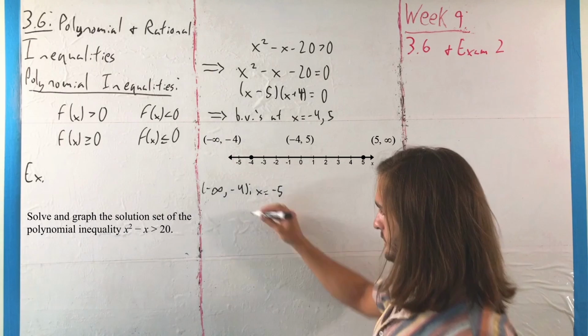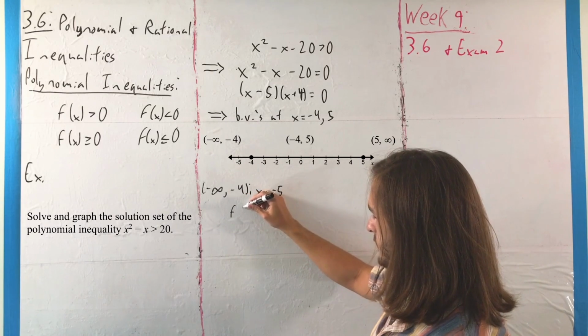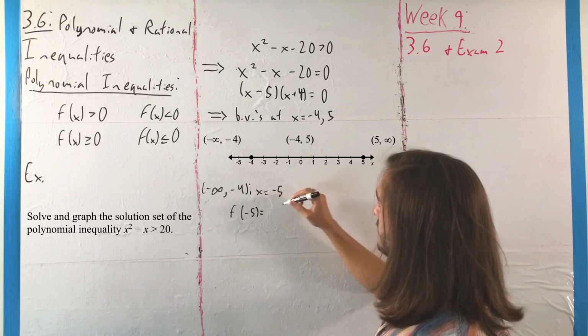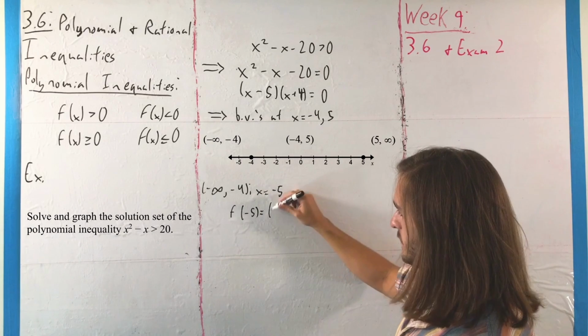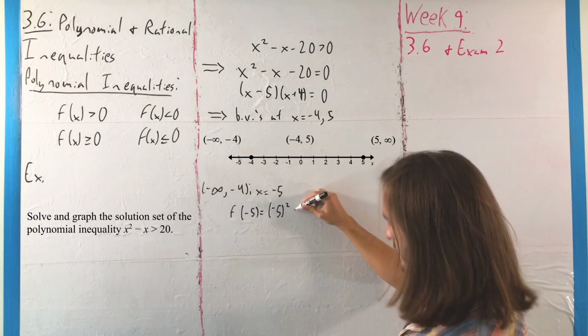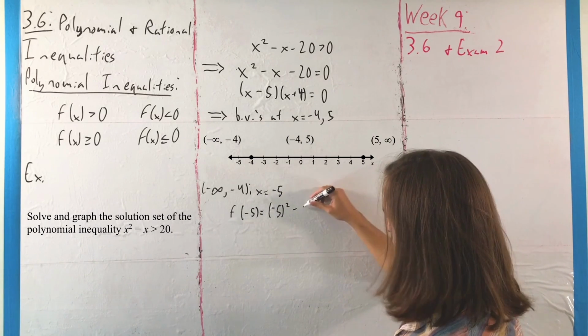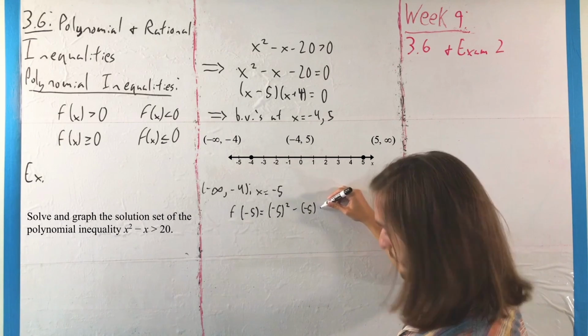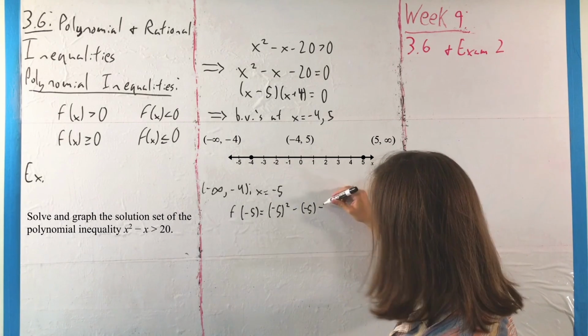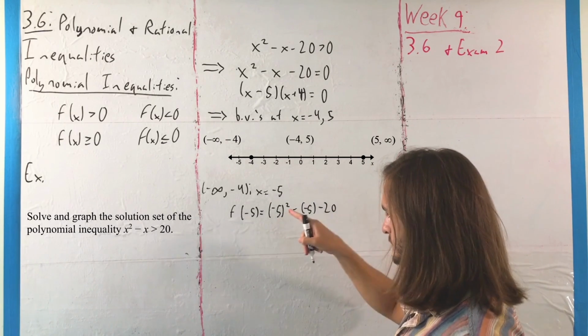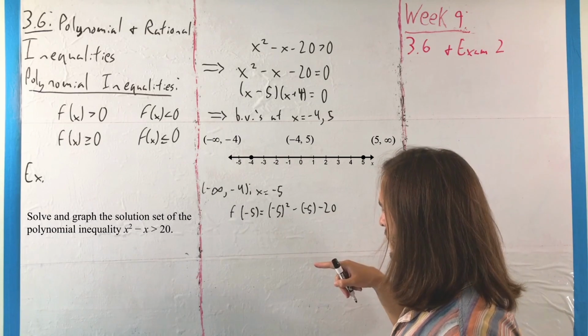And at negative 5, our function is going to be negative 5 squared minus a negative 5 minus 20, where you'd end up with 25.